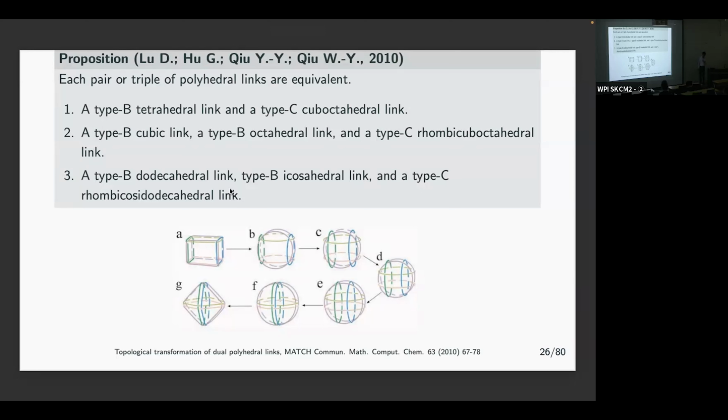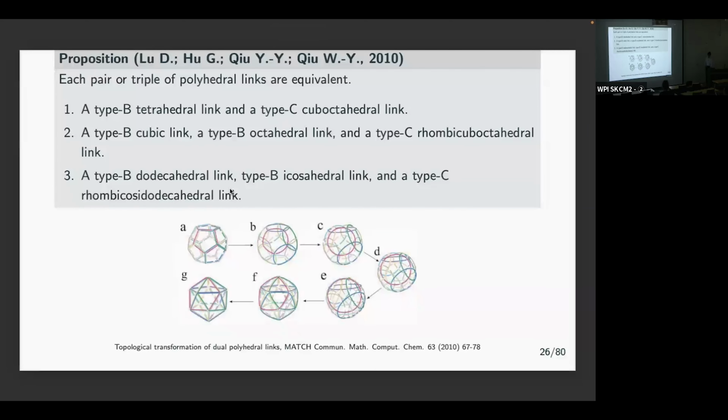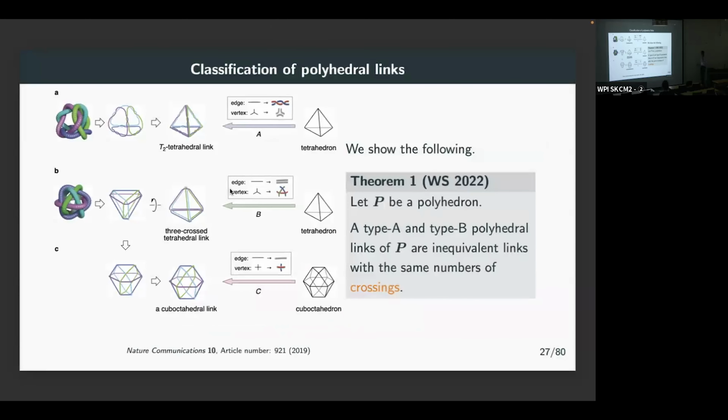Sometimes you have the same topology even if you prepare a different polyhedron, but in most cases we can show that the topology of the polyhedral links are different. So those are actually very special cases. And what we can show mathematically is the following.